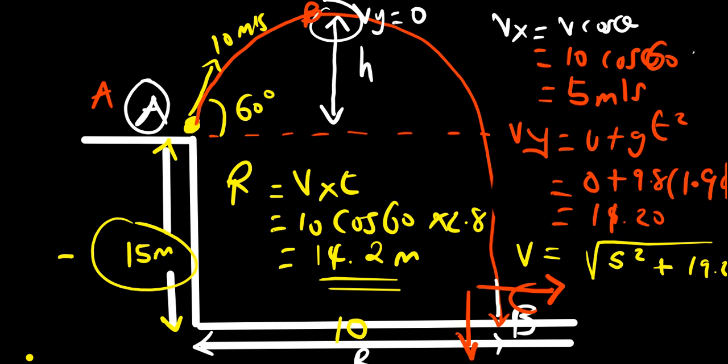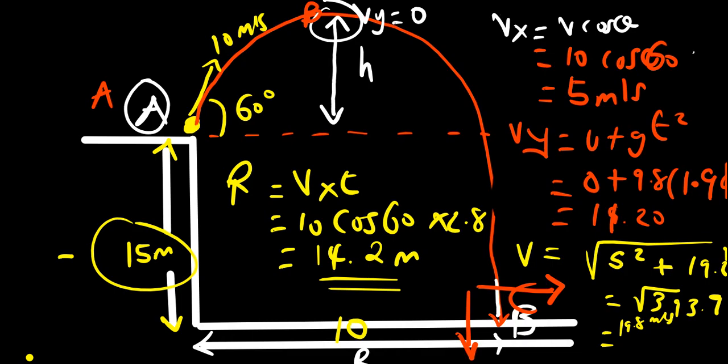When you solve these, squared like that, you're going to find the square root of 393.9. The square root of that is just 19.8. So this would be our velocity as it reaches the ground.